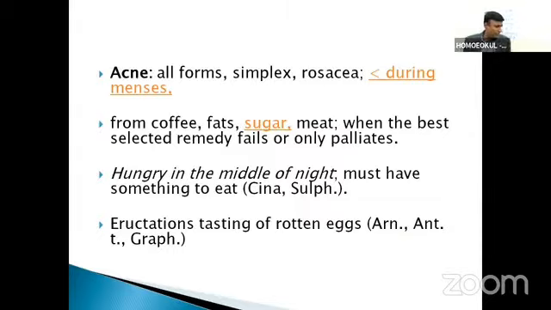And from coffee, from fat, from sugar, the modality of acne from coffee, from fat, from sugar. Acne worse from sugar, also equally important. And you can also compare with medicine like mercurius. Open chapter mercurius from Allen's keynote and just read line ailments from.